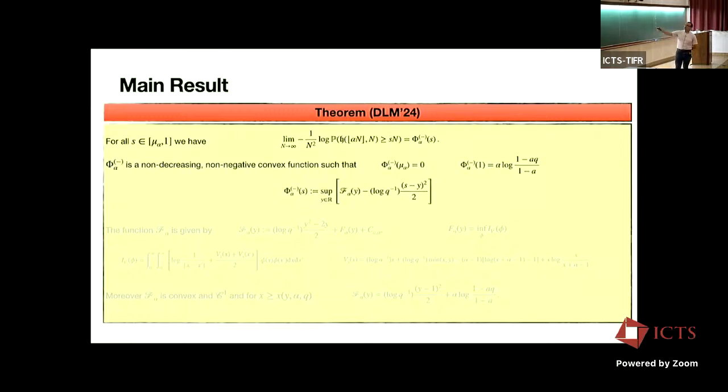So more on this function phi. This function phi is non-decreasing, non-negative, convex, and has several other properties. First of all, at the law of large numbers, the value of the rate function is 0, as usual. So the probability that the height function is larger than the law of large numbers should not decay, well, at least should not decay exponentially. So this is fine.